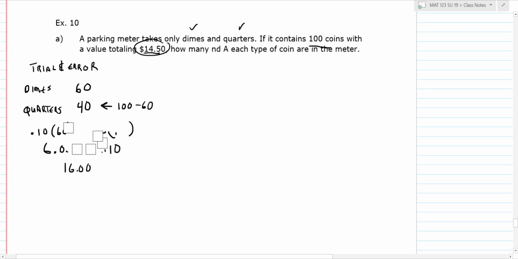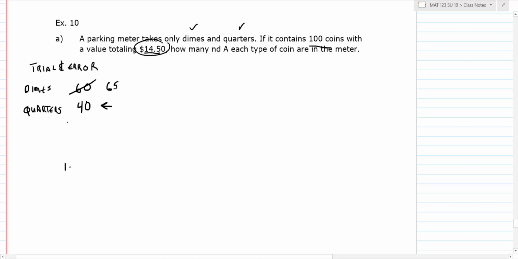I'm going to scratch this out and try again. This time let's move the dimes up to 65. Then the quarters would be 100 minus 65, so that would be 35. Notice that 65 and 35 add up to 100.